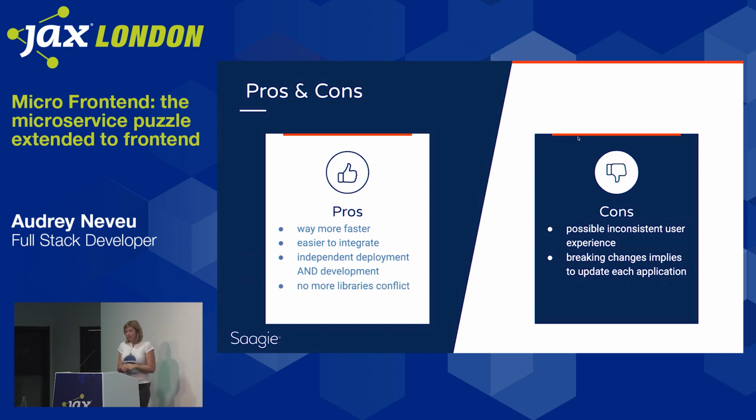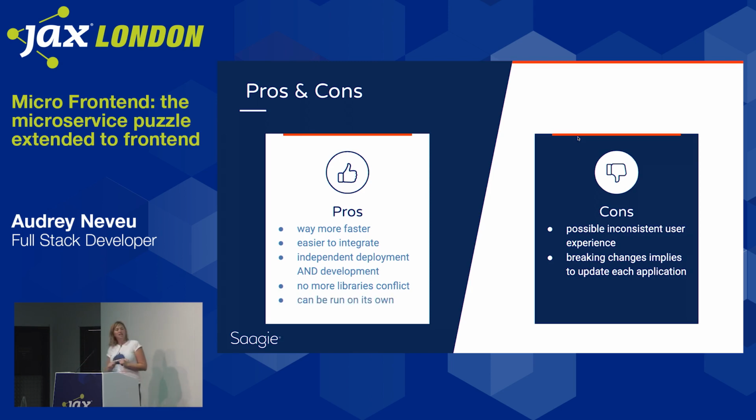And the very interesting thing for us with this solution is that we had no more library conflicts, because before updating my version of the Layout-as-Lib, I would simply look at which version of the design system you are using. Okay, I'm going to update mine, and then I'm going to update my version of the library, and I'm done. And I won't have any conflict.